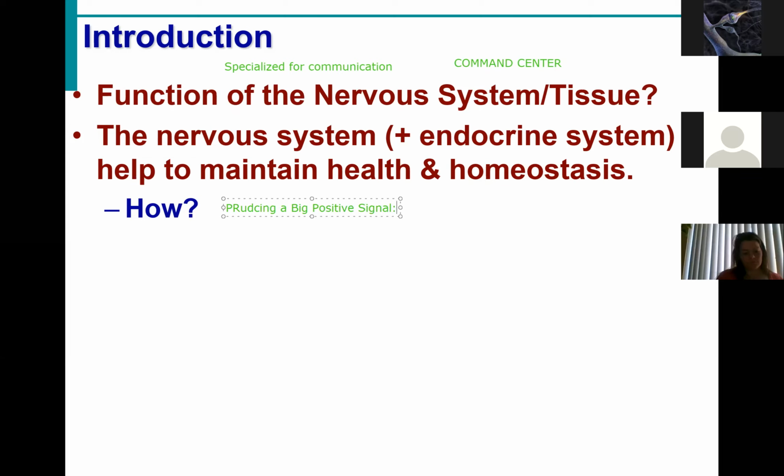And what did we call that big positive signal again? An action potential. There you go. Excellent. It is by producing an action potential. And again, the advantage of that, as we saw, is that it is fast.